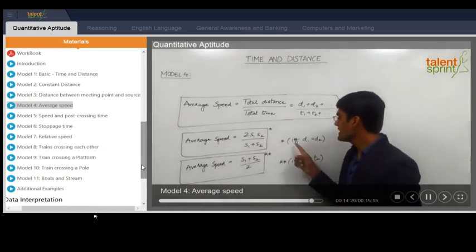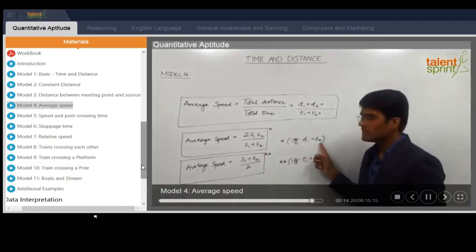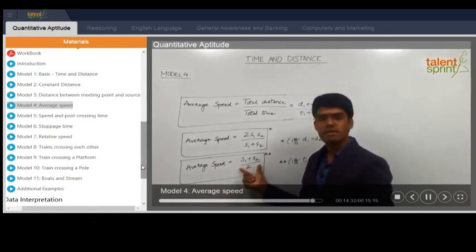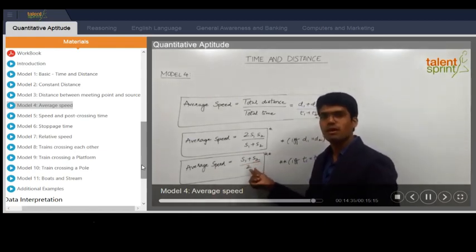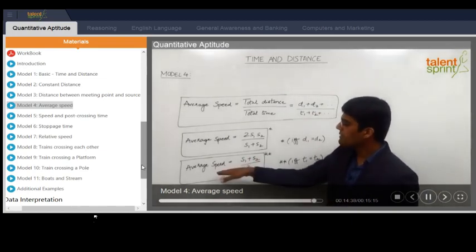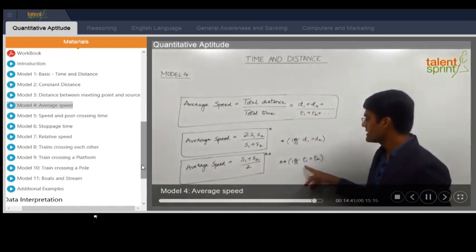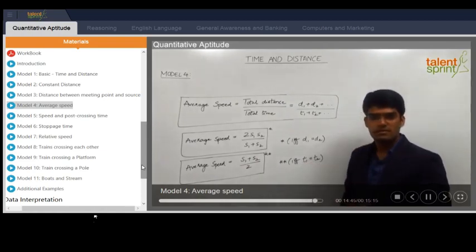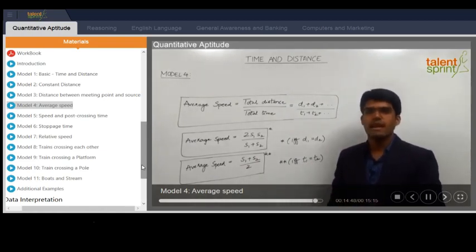So here we have a shortcut formula for average speed, and the condition is d1 should be equal to d2. Similarly, we have another special case where the average speed can be directly taken as the average of the speeds, or (s1 plus s2) by 2, where s1 and s2 again are the two given speeds. But this shortcut formula is applicable if and only if the times are equal. That is, the distance is covered in two equal time intervals. So friends, in general, the average speed can always be taken as total distance by total time.